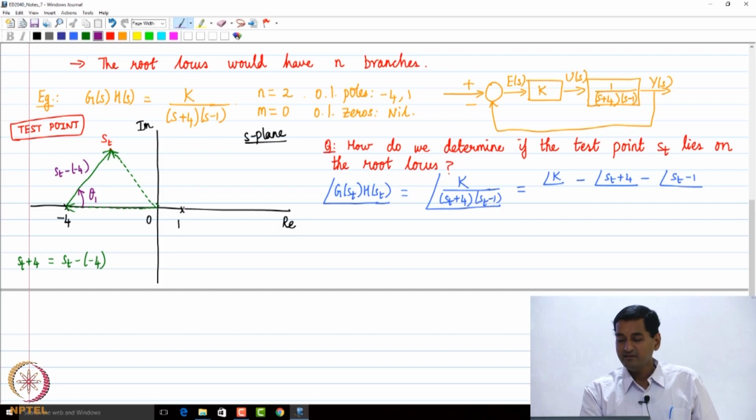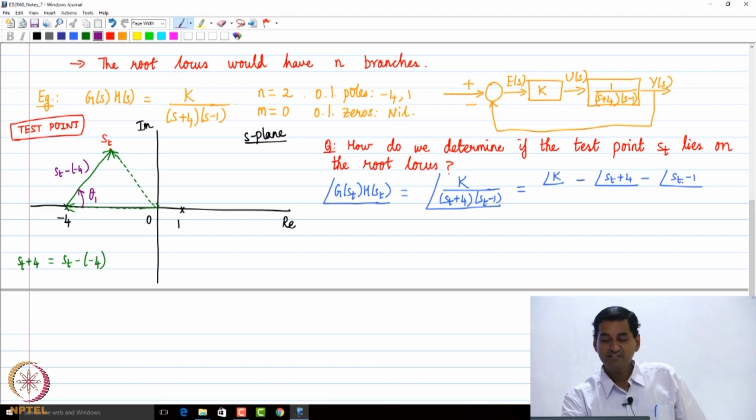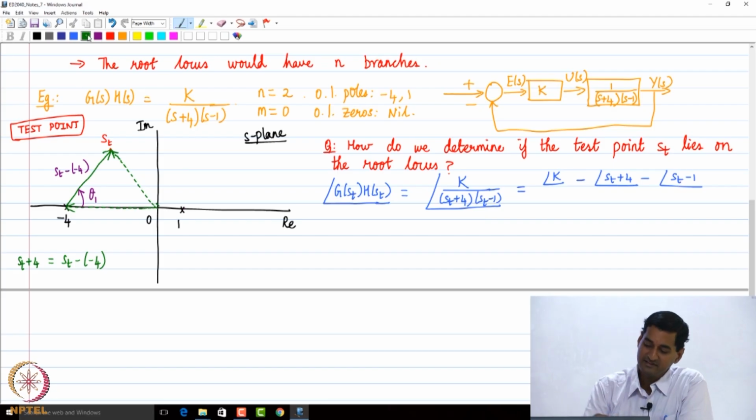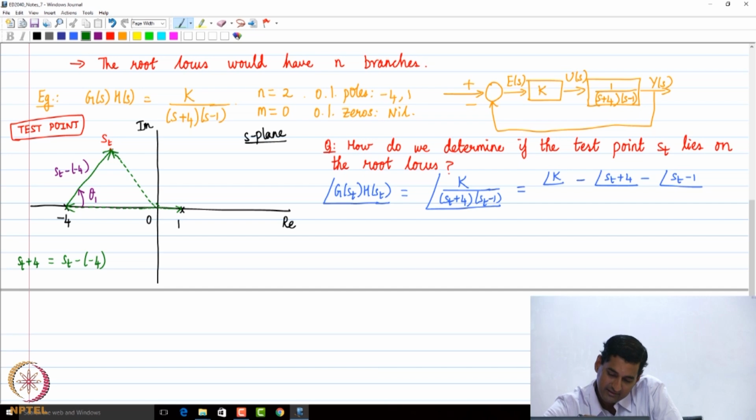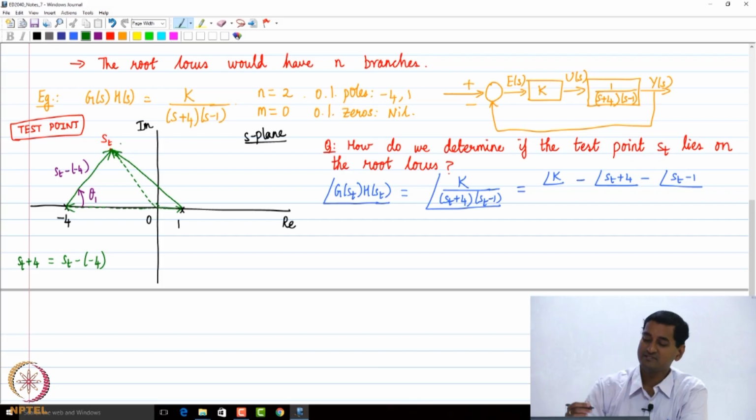So, then how can I get St minus 1? Same philosophy. The vector 1 is going to be from 0 to 1. So, St minus 1 is going to be from 1 towards St, the arrow pointing towards St. The angle made by the vector St minus 1 is going to be this theta 2.